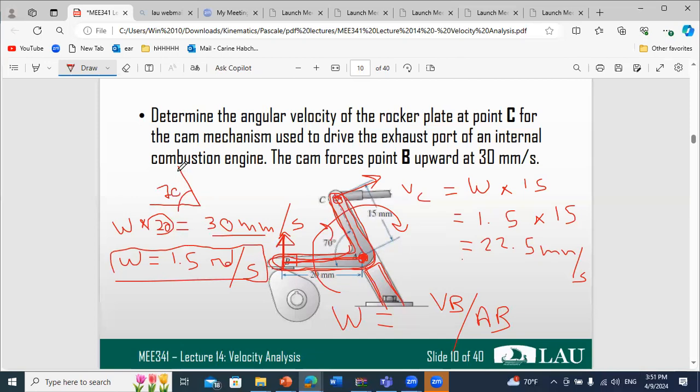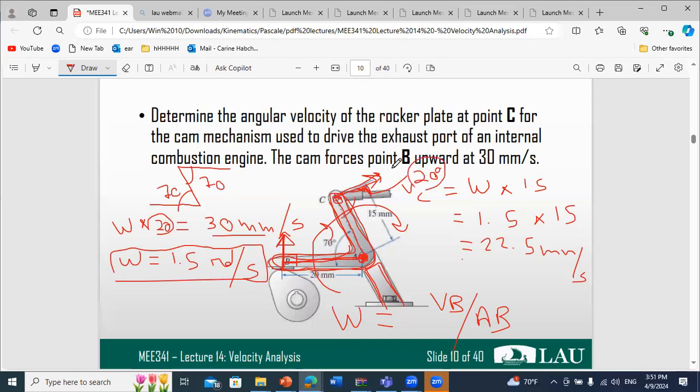If I put the horizontal from this side, this is 70 degrees. So when I put vector VC perpendicular to AC, the angle between VC and the horizontal is the difference between 90 and 70. So I can deduce that vector VC is making with the horizontal an angle of 20 degrees. This is for the direction.